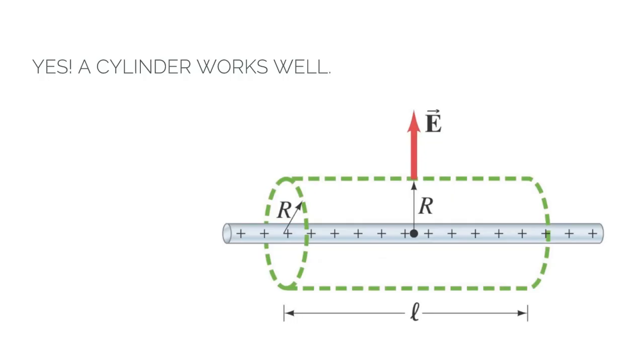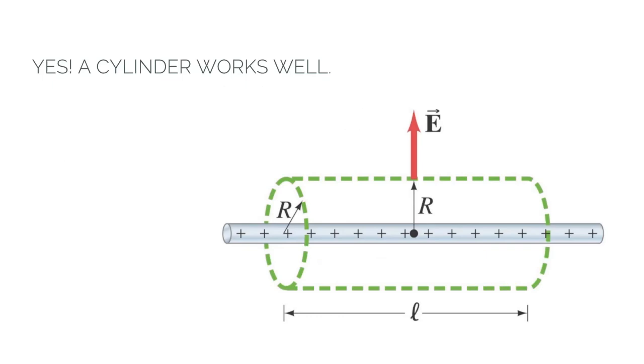So the flux there will be 0. I can ignore those faces. There will be no flux through those circular faces. So the only portion of this surface that counts is the curved body of the cylinder. That's where the E field is perpendicular everywhere. And it's uniform in magnitude.